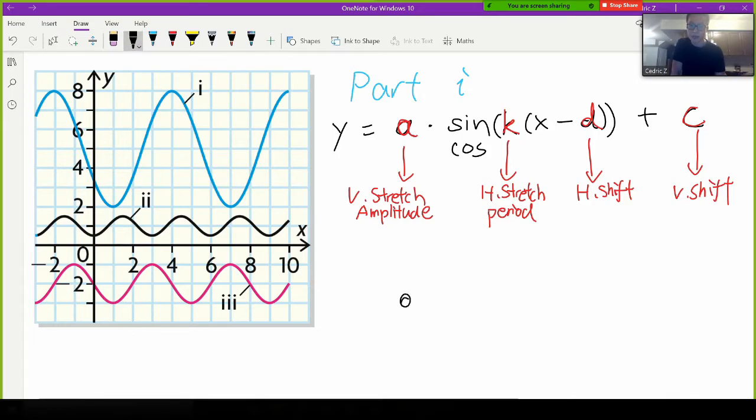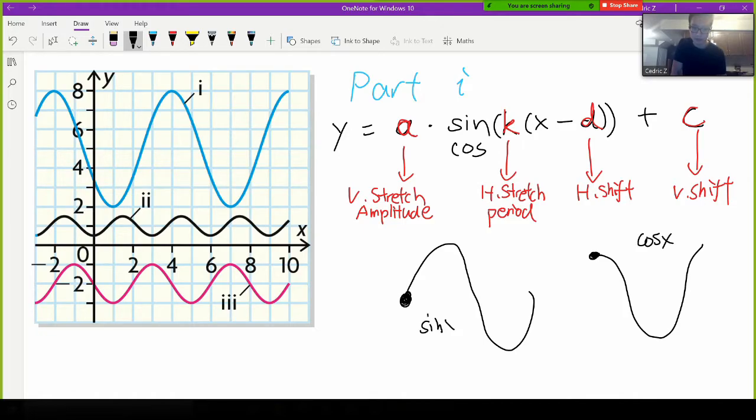Recall that a sine graph starts at the middle of the curve, and this is what I mean: when x is equal to 0, it starts at the middle of the curve. Whereas a cosine graph looks something like this. It starts at the peak. This is cosine, this is sine. So it depends on which section of the blue curve you want to fit, so you'll have to decide whether it's easier using sine or cosine.